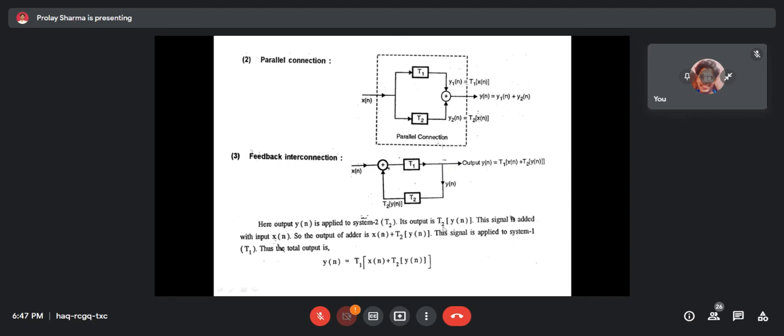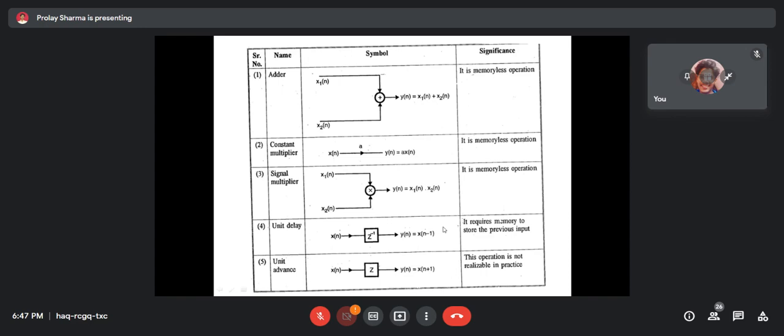So we are coming to this type of equation. So this is the summarization. This is adder, this is constant multiplier, this is signal multiplier, this is unit delay, this is unit advance.